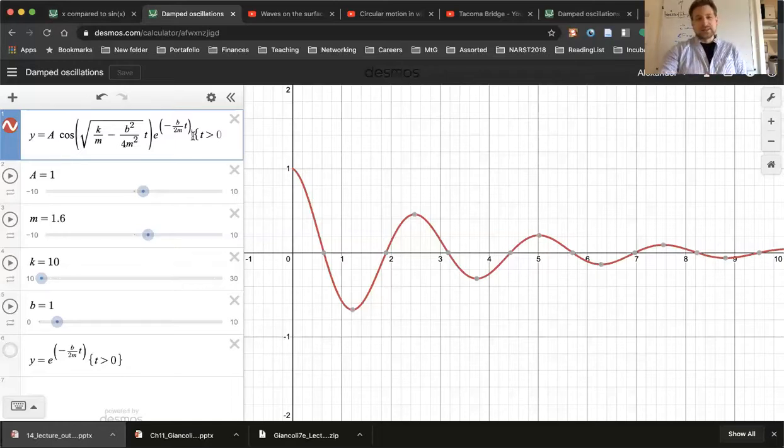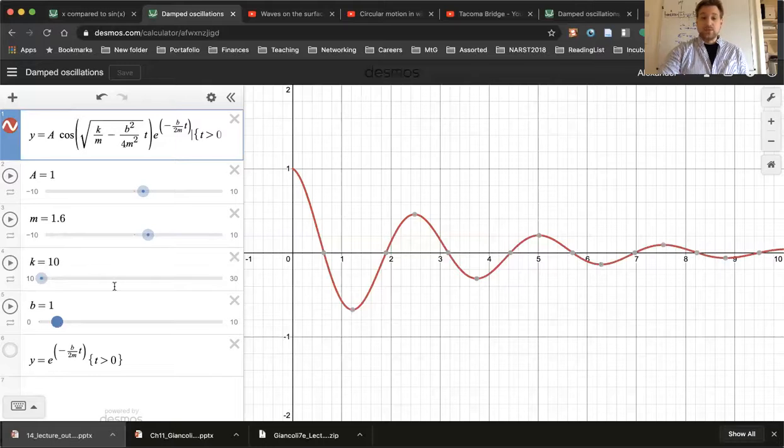So I want to take a look at what this thing actually does. And by the way, these Desmos graphs, I will link for you when I post the content. The amplitude, I just set it to 1 for ease. I picked a mass and I picked a spring constant. And the interesting thing I want to talk about is this drag coefficient, the air resistance strength number here, b.